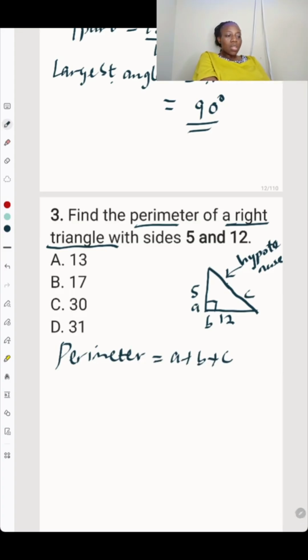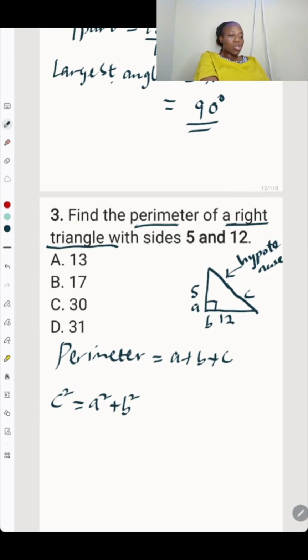C squared equals A squared plus B squared, using the Pythagoras theorem, because the question says right angle triangle. So Pythagoras theorem will help us find the third side. If you know the Pythagorean triple, you can easily know that C will be 13.